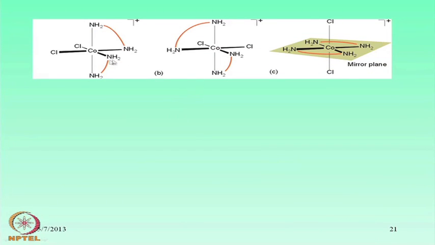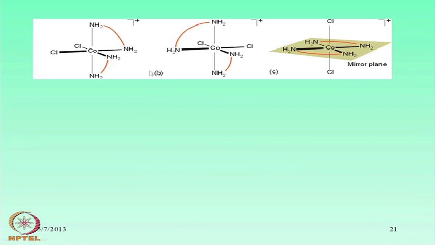But in the case of the corresponding chloro derivatives, that means the cis compounds, these are the two cis compounds and this is the trans, and for these two cis compounds we can have the corresponding form, that means this is one isomeric form which is in the delta form, going from top to bottom in one direction, and this is also from top to bottom in the other direction, and that gives rise to a different type of arrangement.